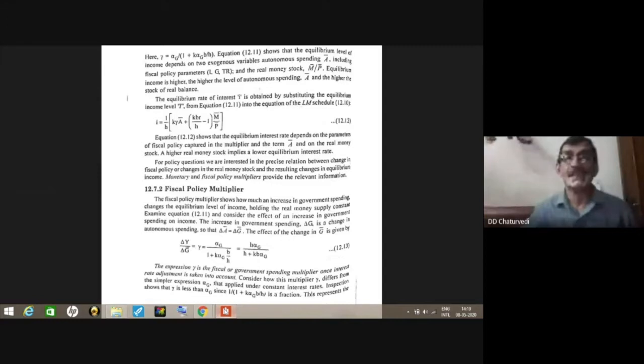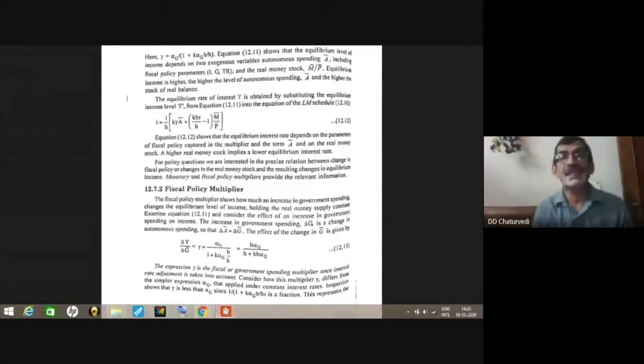And on simplification this will give you H alpha G divided by H plus K B alpha G. This is equation number 12.13. Please remember that this equation is very, very important. This is giving us the fiscal policy multiplier. We shall be doing several numericals by using this formula.